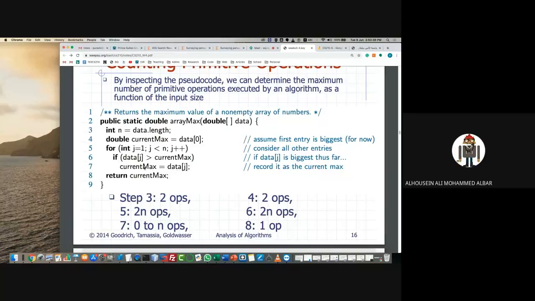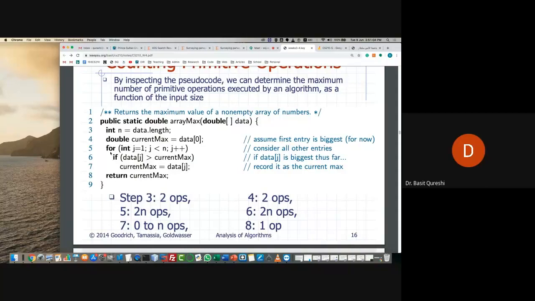Because this is inside the for loop and the for loop is running n times, the runtime for line number 7 would be either 0 or 2n operations.